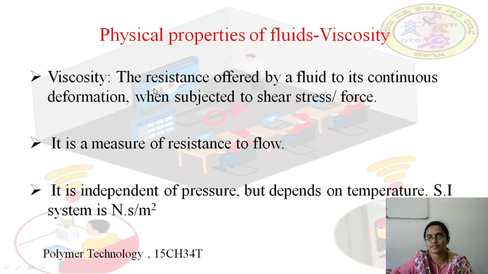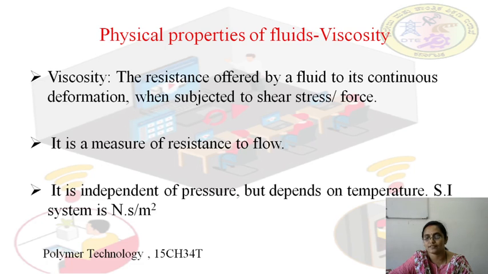It's also resistance offered by a fluid to continuous deformation when subjected to shear stress or force. When a fluid is flowing, we can consider the fluid as layers. Due to its internal friction, they apply a force opposite to flow to resist the flow. That is termed as viscosity. It is independent of pressure, but viscosity depends on temperature.